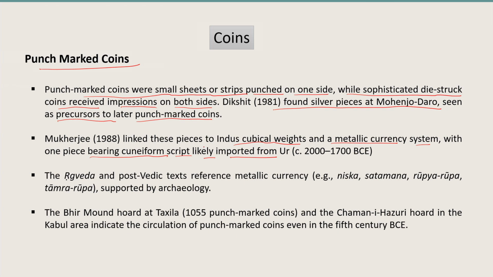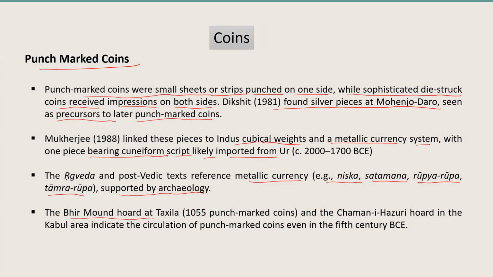Mukherjee linked these pieces to Indus cubical weights and a metallic currency system, with one piece bearing cuneiform script likely imported from Ur. The Rigveda and post-Vedic texts reference metallic currency: Nishka, Shatamana, Rupya, Rupa, Tamra Rupa, supported by archaeology.